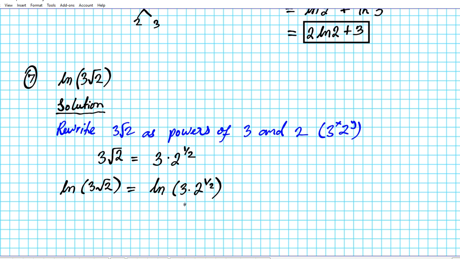Now, applying the product property of logarithms, this can be written as the natural logarithm of 3, this times, product of numbers, becomes the sum of the logs, plus the natural logarithm of 2 to the 1/2.